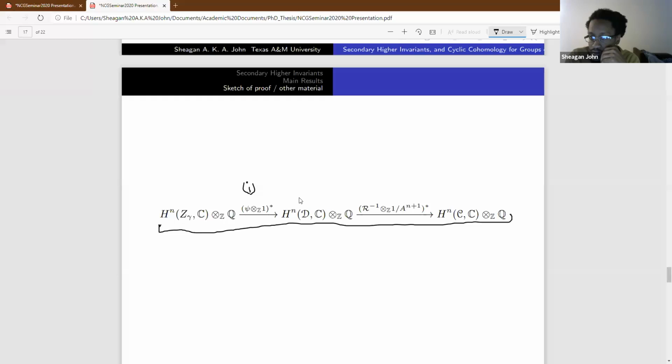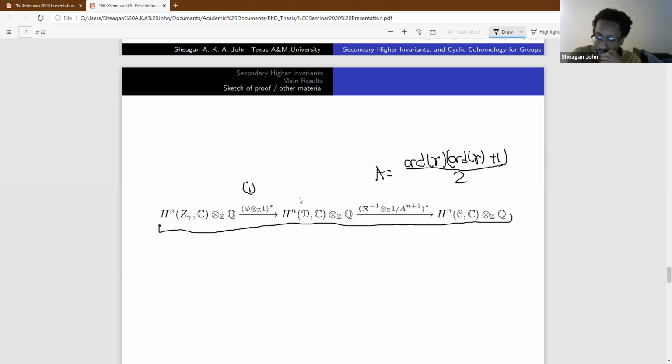And then between these two, we do have an isomorphism. This A, I'll just write A, ends up being the order of gamma times the order of gamma plus 1 over 2. So A is just some rational number. And actually, this is the reason why we have to do tensoring with the rationals.